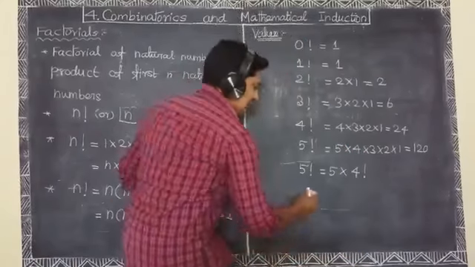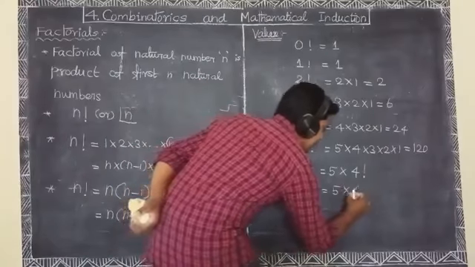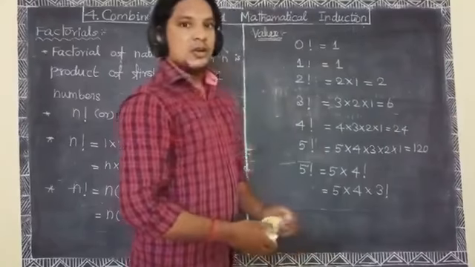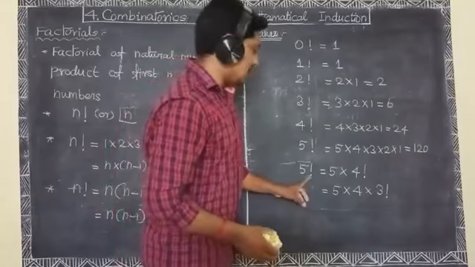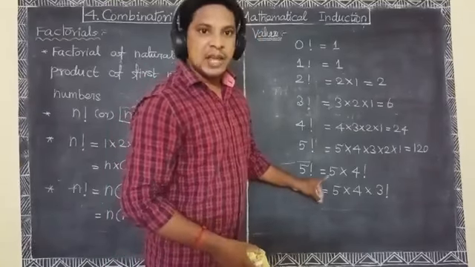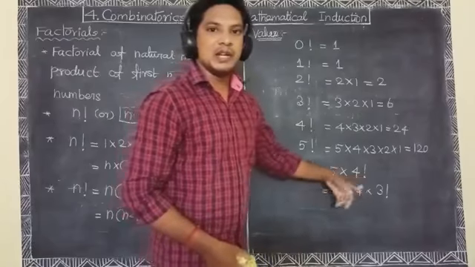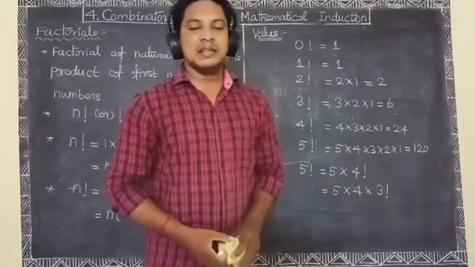The 5 factorial can also be written as 5 into 4 into 3 factorial. Dear students, we can rewrite the factorial of any finite number as n into n minus 1 factorial, or n into n minus 1 into n minus 2 factorial, and similarly by the same process. Thank you, students.